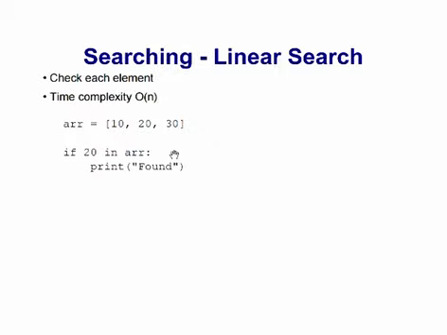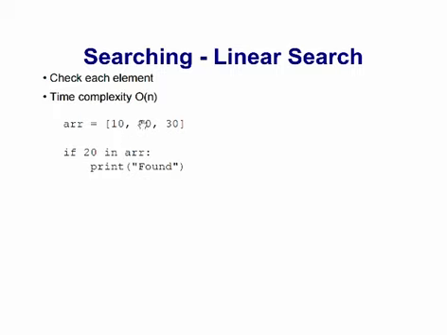And next we are going to searching in linear search. Searching means checking whether a value exists in the array. Here the time complexity is big O of n. In linear search, it checks every element like traversing the array. So if 20 in array, it checks whether 20 is present in the list.